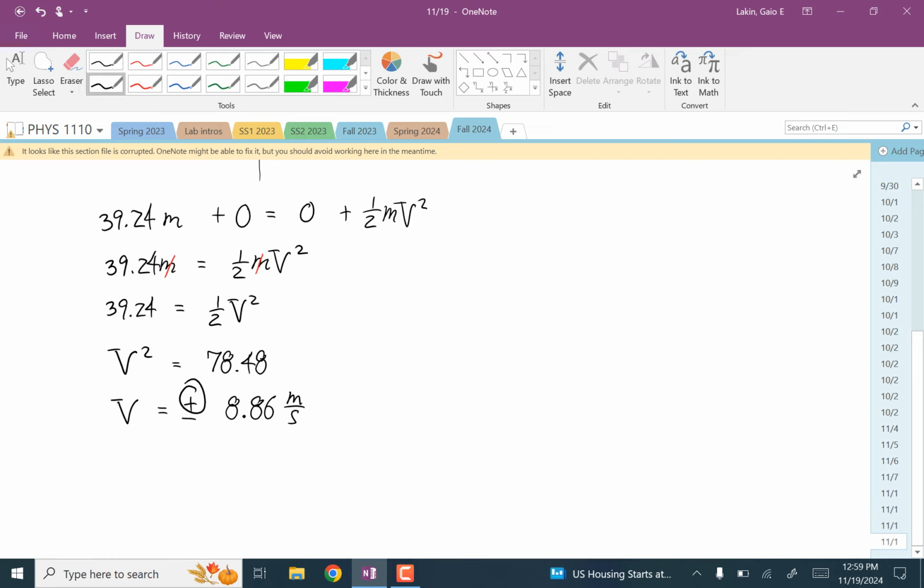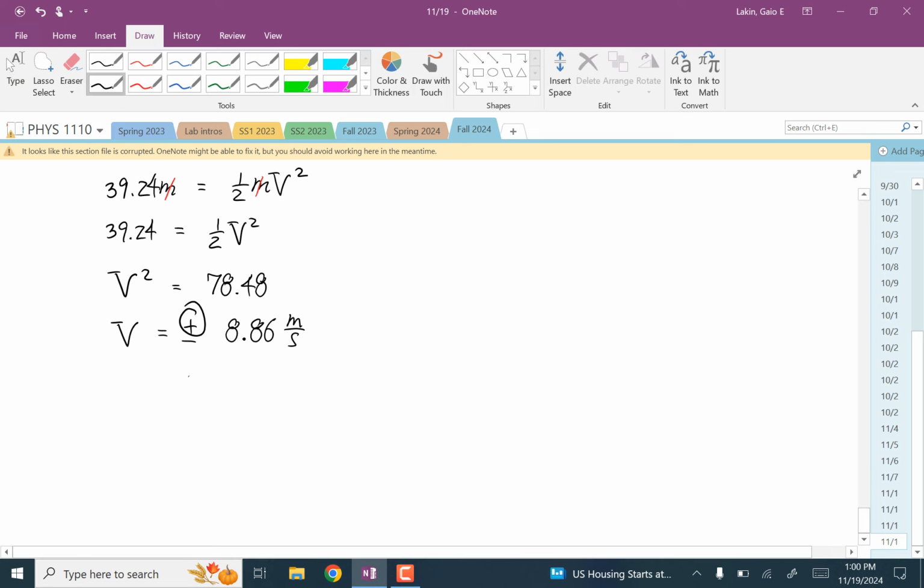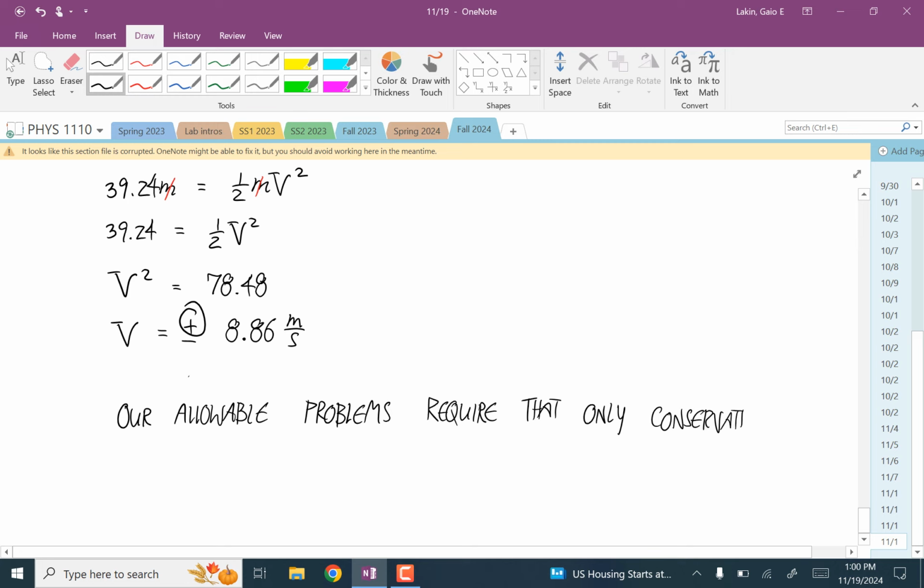But here's the key thing to remember. So our allowable problems require that only conservative forces do work.